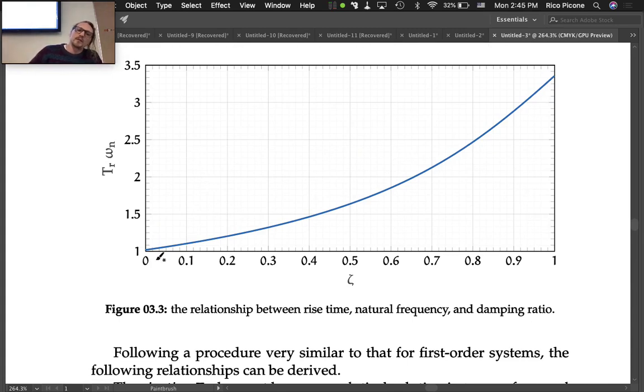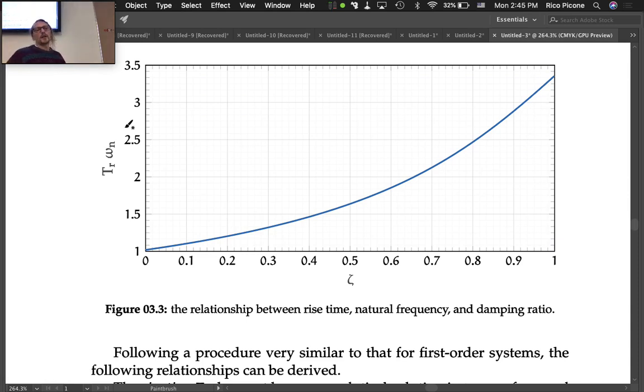So zeta between 0 and 1, we have this relationship between zeta and the rise time times the natural frequency. So if you've got the natural frequency, you've got the damping ratio, you can find the rise time from this. If you've got the rise time and the damping ratio, you can find the natural frequency from this. So if you've got two of them, you can find the third.